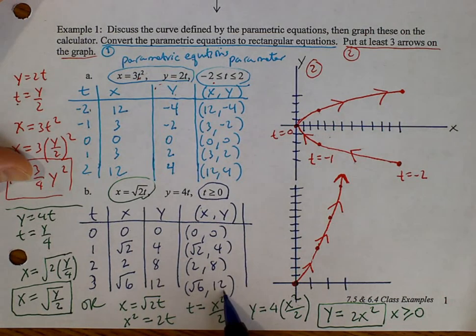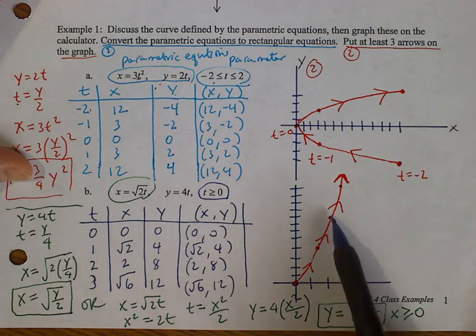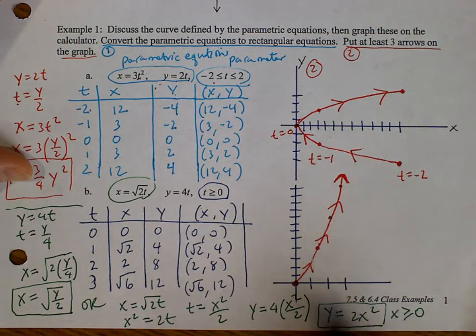And then I'm going to plot that. Square root of 2 is about 1.4 and square root of 6 is about 1.5. So I'm putting in my coordinates. It's at 0, 0 here, and then the square root of 2, 4 is going to be this point here. 2, 8 is right about here, and then the square root of 6 is going to be, oh, I think it's 2.5, not 1.5.